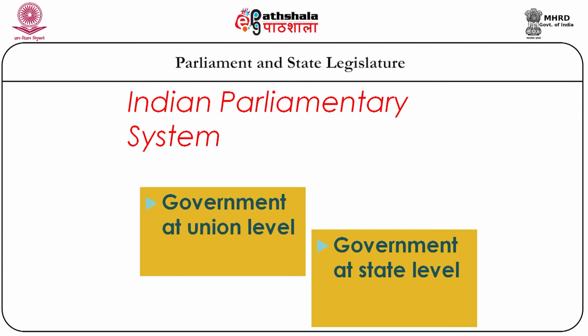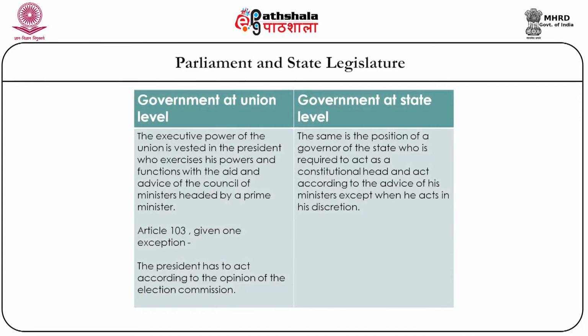The answer is that the executive power of the union is vested in the President, and he exercises his powers and functions with the aid and advice of the Council of Ministers. And you know, these Council of Ministers are headed by the Prime Minister.